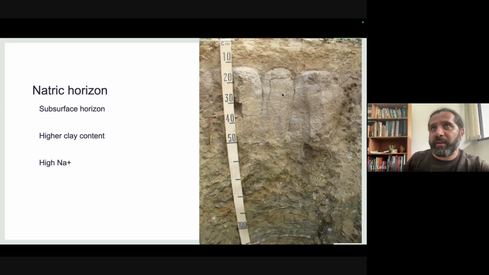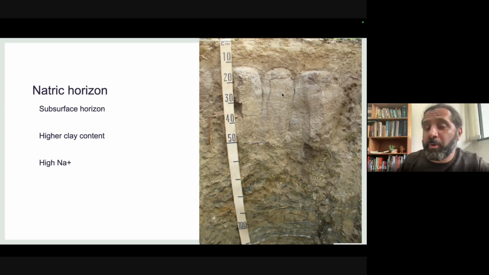The only thing that they have in common is that in both cases we have a higher clay content, but let's say that the natric horizon registers a more aggressive, or a more complex and complicated condition.